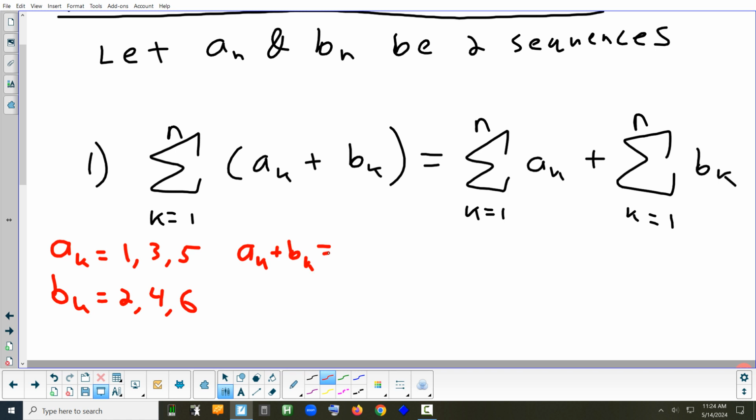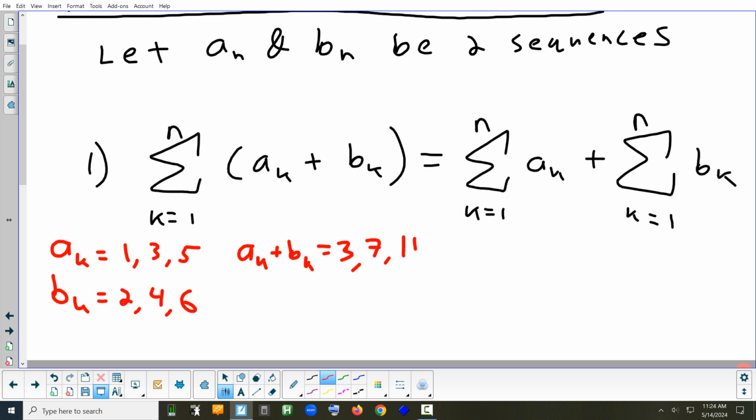To do that, you're going to take the number in A, the number in B, and add them up position by position. So what would be the first term in the sum of these two sequences? 3. Second term? 7. And the third term? 11. That's the sequence a sub k plus b sub k. So inside here is 3, 7, 11.